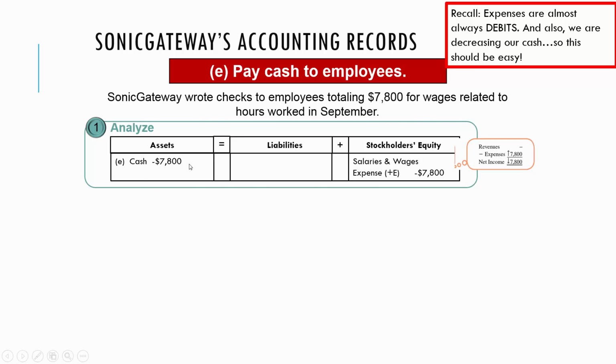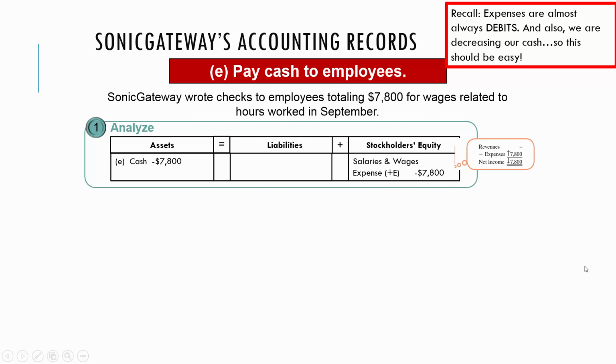You're going to be cutting them their paychecks, which is going to be represented here as a reduction in cash, and it's going to show up in salary and wages expense. Now this is expense, a plus expense, and an expense actually reduces stockholders' equity because it reduces the net income, which reduces retained earnings, etc.